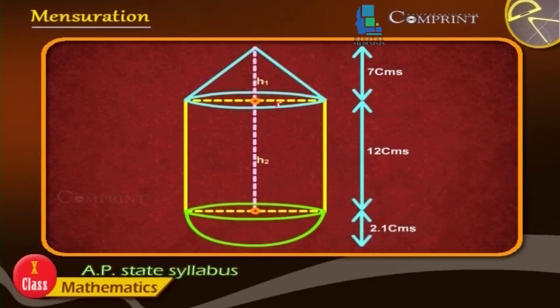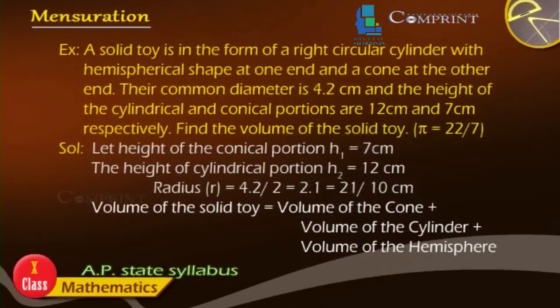Let the height of the conical portion h1 be 7 centimeters. The height of the cylindrical portion h2 is 12 centimeters. Radius r = 4.2 by 2 = 2.1 = 21 by 10 centimeters.